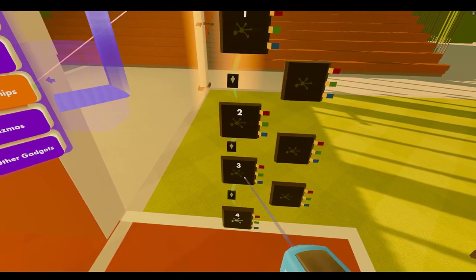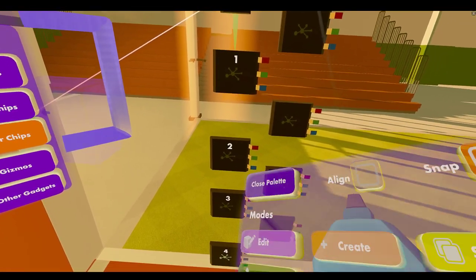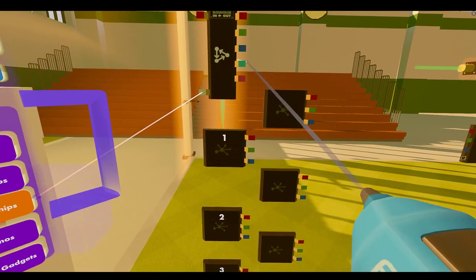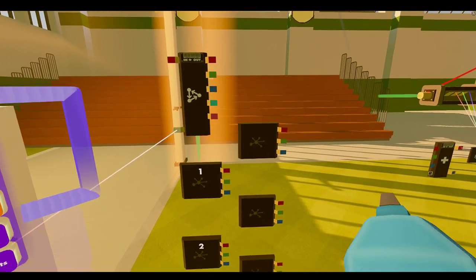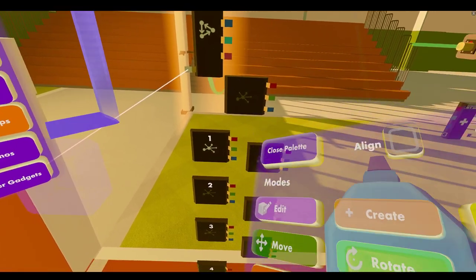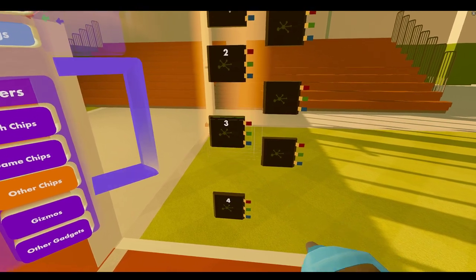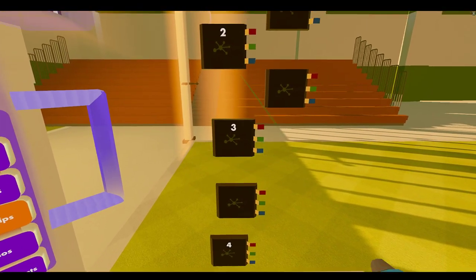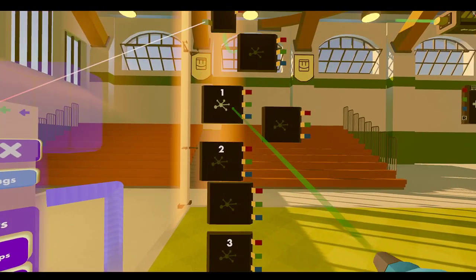Okay, so now I need to wire these differently. So I'm treating these in-between ones not really as state chips, but as just the signal senders.